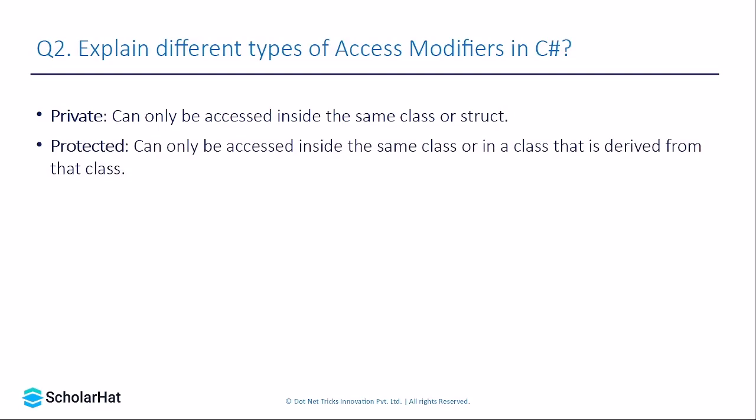The next is protected. Protected can be used or accessed inside the same class or in a derived class. So suppose if I declare something as protected, this can be used in the same class and again in the derived class. We have already learned the concept of inheritance and the concept of base class and derived class. So protected is used in that concept, the concept of inheritance.